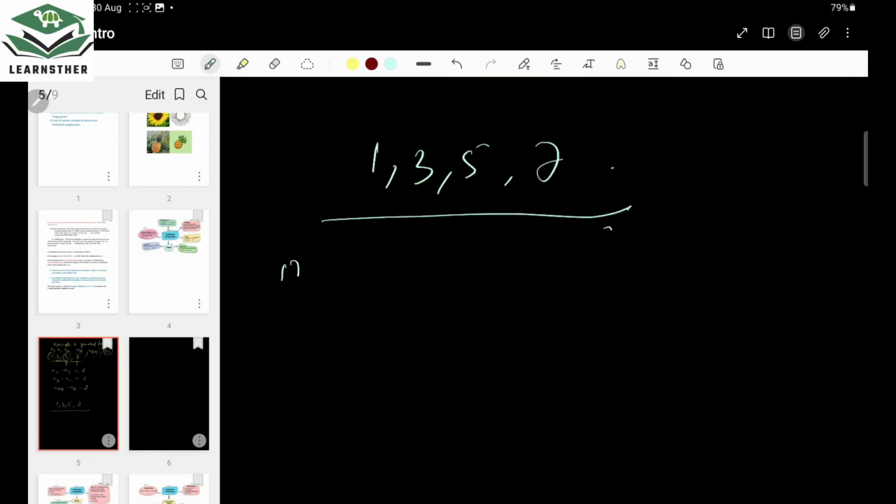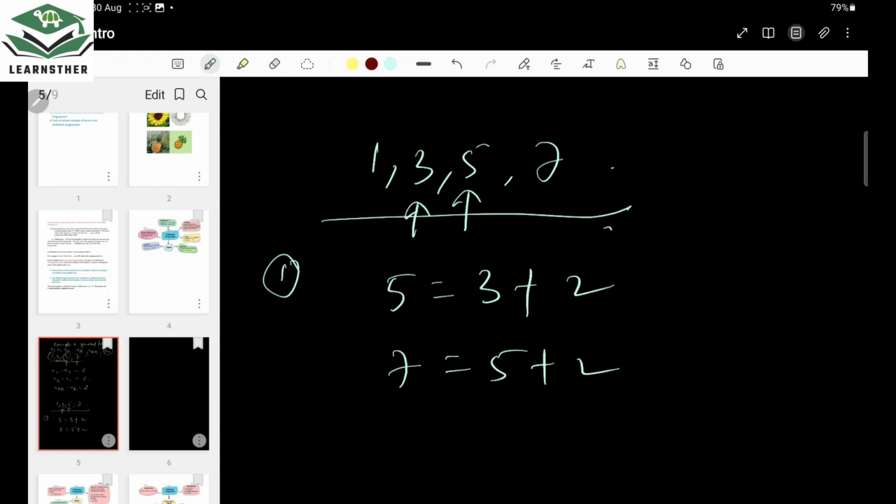Okay. Important point. You can get the succeeding term by adding the common difference to the preceding term. Okay. 7, 5 plus 2. Also, in the opposite way, you can get the preceding term by subtracting the common difference from the succeeding term.